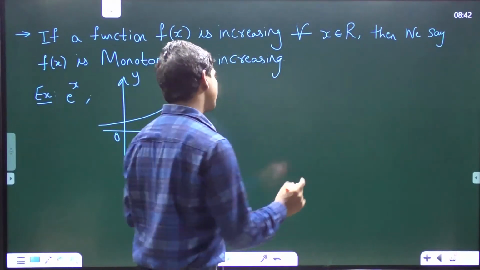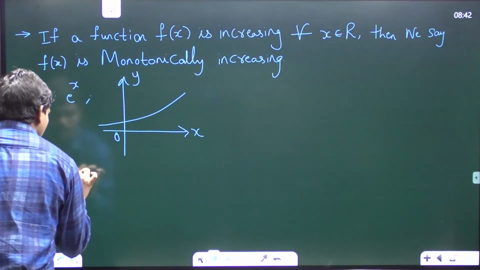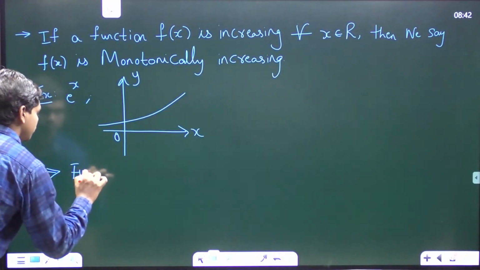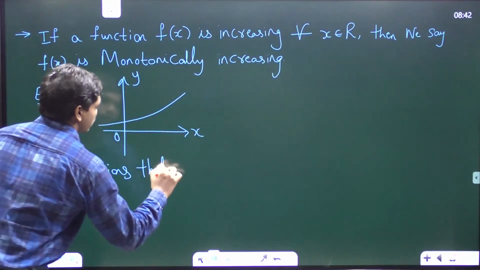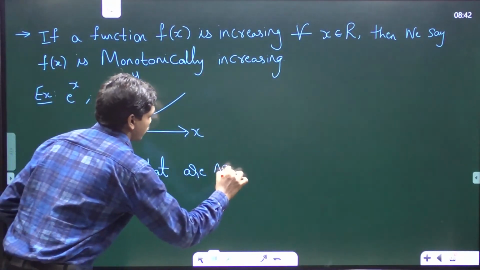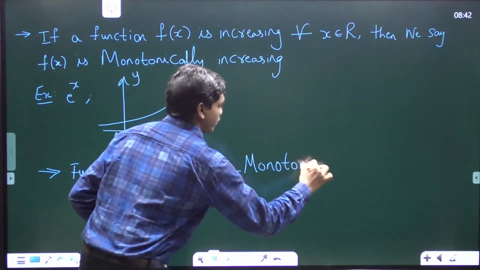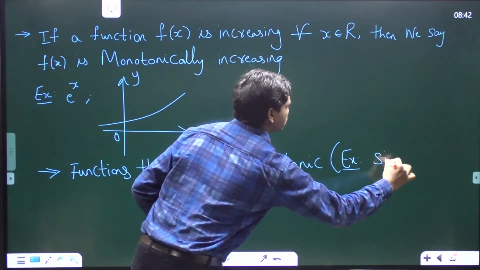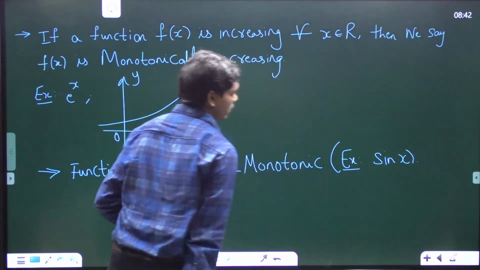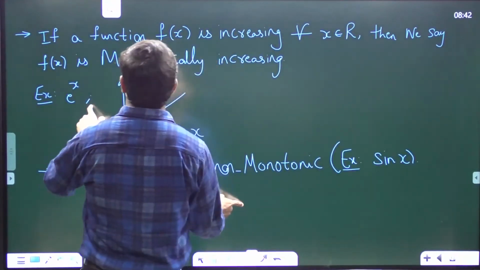Okay. For example, functions that are non-monotonic. Example, sine x or cos x you can take. Now, if you trace the graph of sine x here, let me shrink this screen a bit.